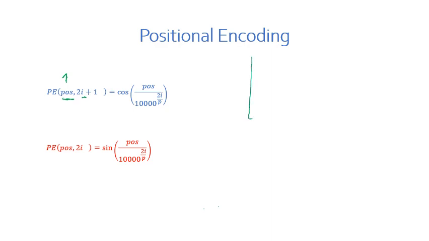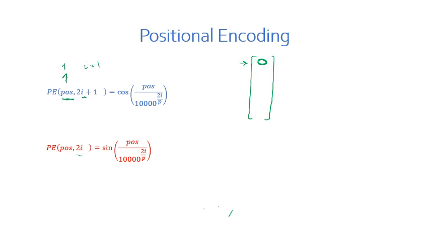So I have a vector. The value of this periodic function would be the value of my first entry of this vector, right? Because i is equal to 0, and I don't care about the 2i term here.